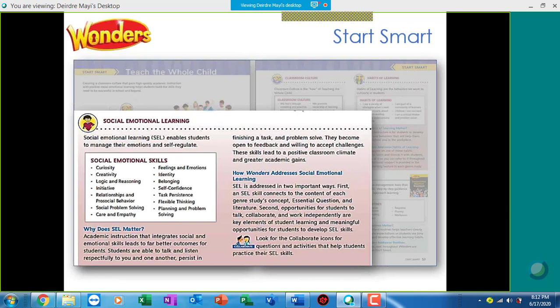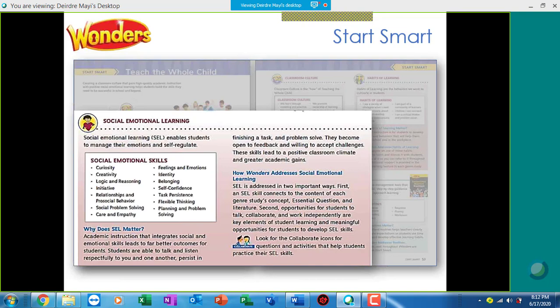We're going to address social emotional learning in two very specific ways in Wonders. First of all, you'll find that there's going to be an essential question and a theme every single week.